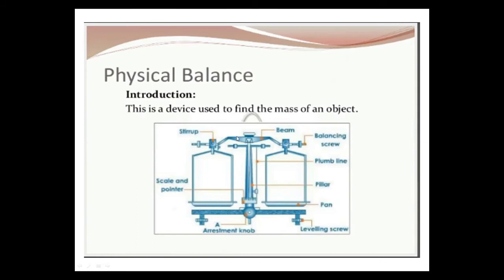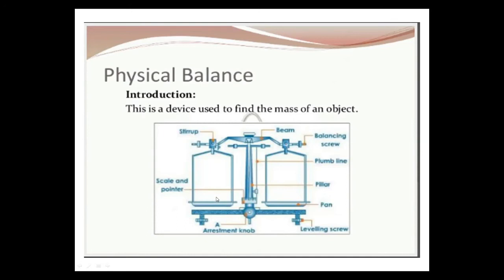The beam is the upper side of the physical balance, and the beam is attached to the balancing screws. These screws are used for the adjustment of the pans. The lower portion is called the level screw. It is used for the accurate leveling of the physical balance.